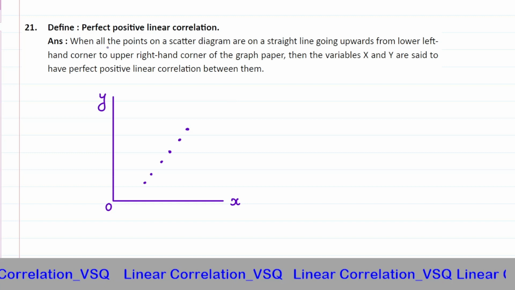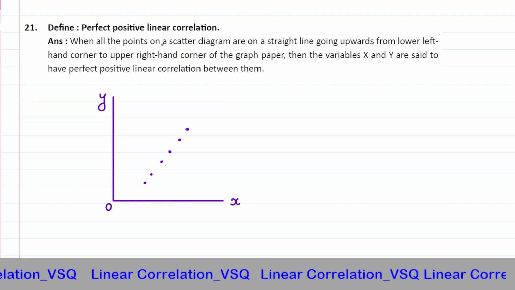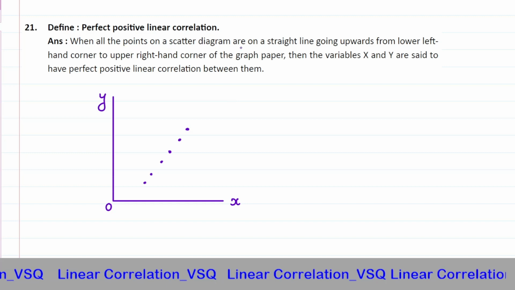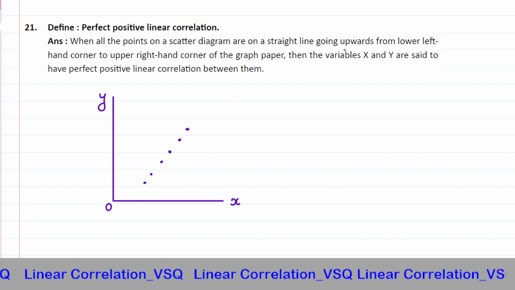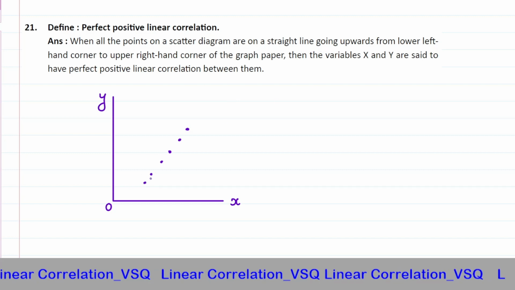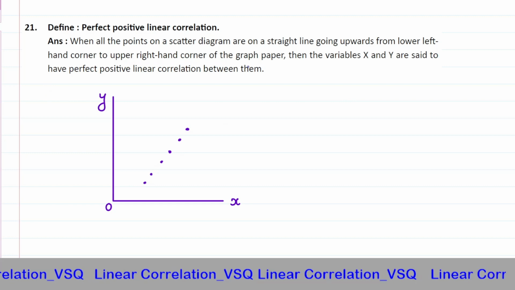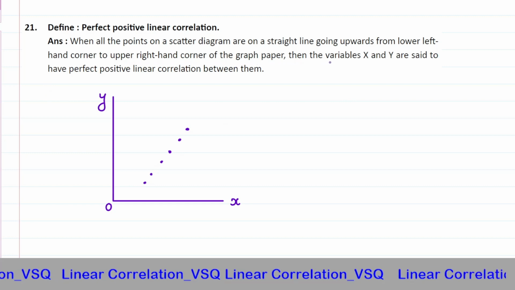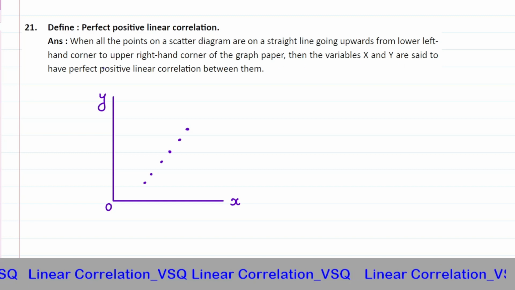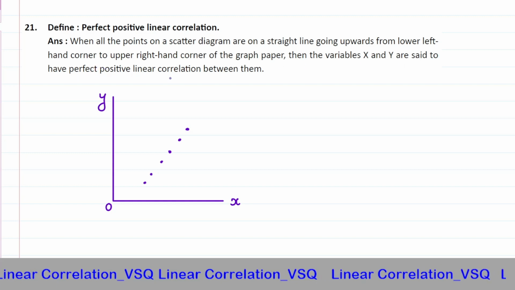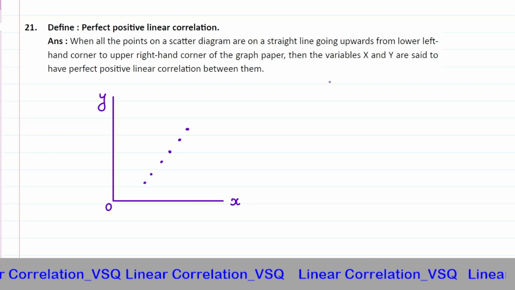The definition: when all the points on a scatter diagram are on a straight line going upward from the lower left-hand corner to the upper right-hand corner of the graph paper, then the variables x and y are said to have perfect positive correlation between them.